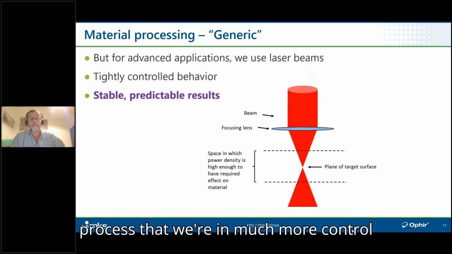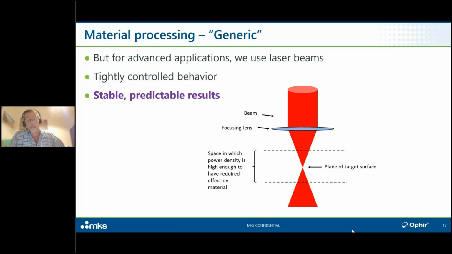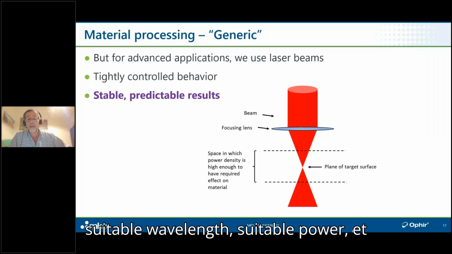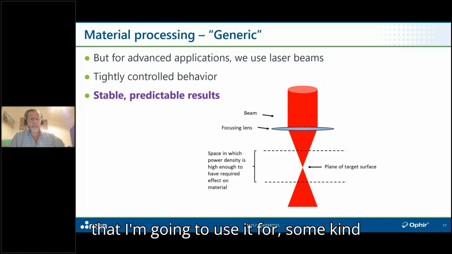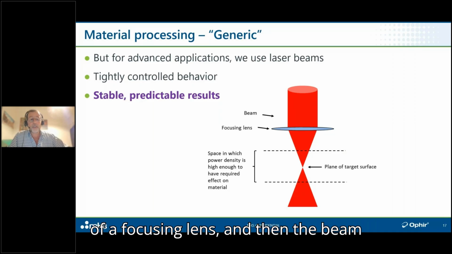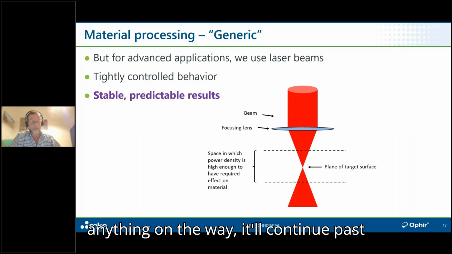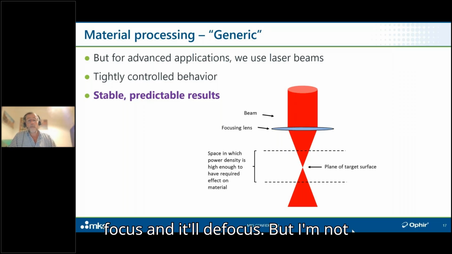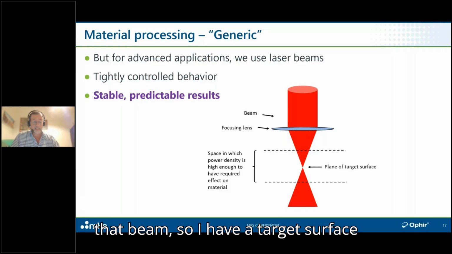If it doesn't meet anything on the way, it'll continue past focus and it'll defocus. But I'm not going to let it do that. I want to use that beam, so I have a target surface that I want to cut, weld, drill, and so on. And here you see the space inside of which the power density is high enough to have the required effect on the material. Very oversimplified, but not inaccurate material processing application setup.